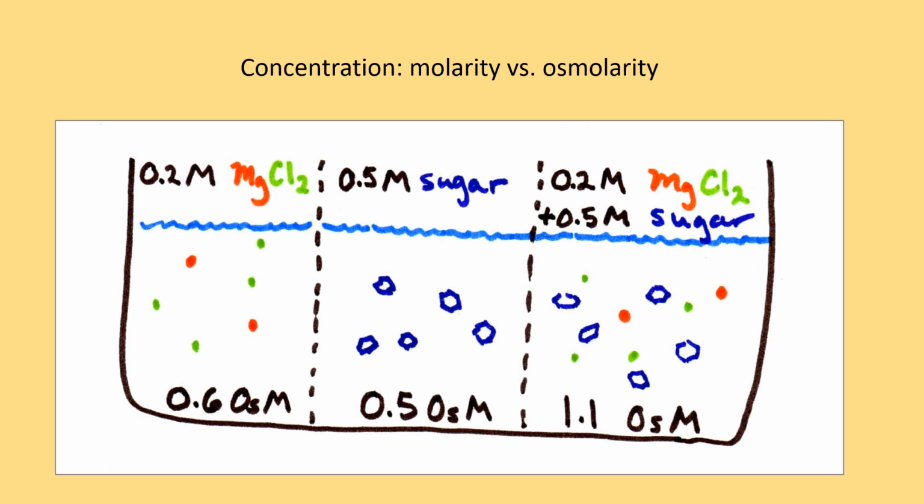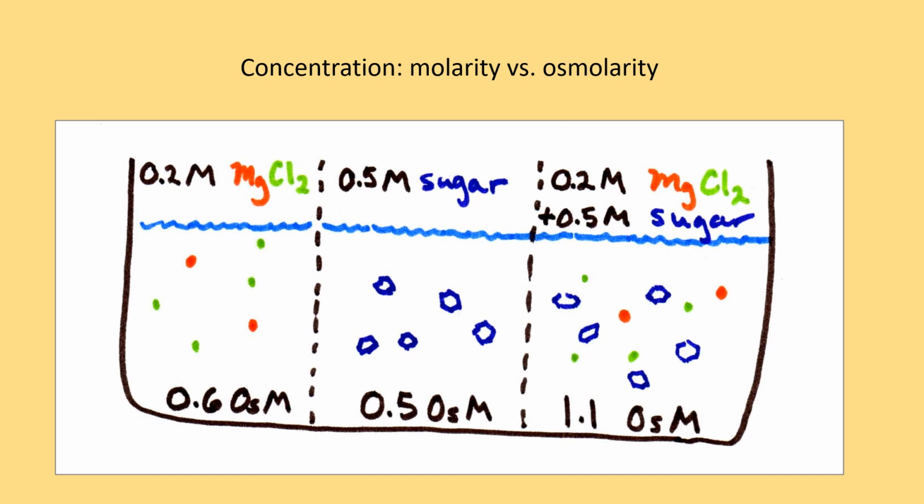Now let's think about our third solution on the left, where the concentration of magnesium chloride is 0.2 molar, and the concentration of glucose is 0.5 molar. How do we determine the osmolarity of this solution? In other words, what's the overall concentration of this solution when we don't distinguish among the different solutes? How do we get to 1.1? We have to think about, for each solute, how many particles arise when that solute goes into solution.